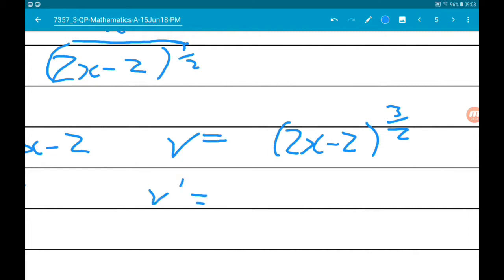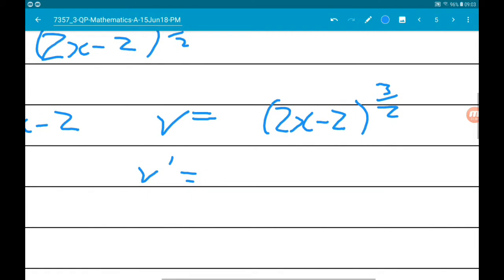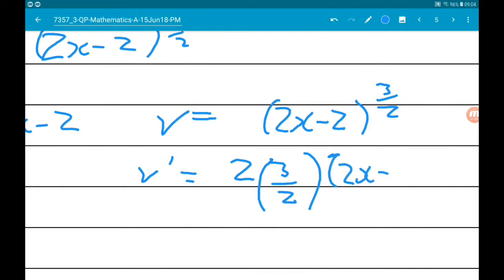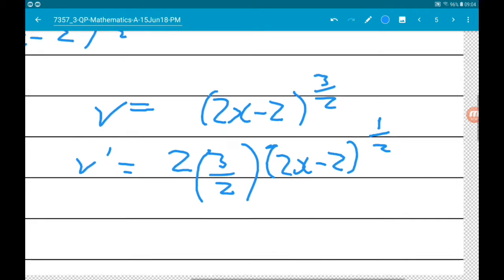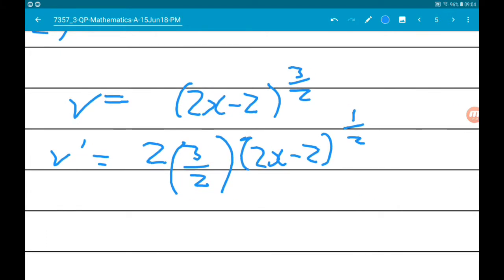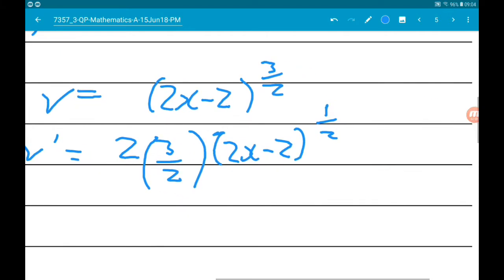Okay, using the chain rule, 2x minus 2 differentiates to 2. The power of 3 halves comes down, and then we got 2x minus 2, and then the power of 3 halves goes down to 1/2. So 2 times 3 halves is 3.